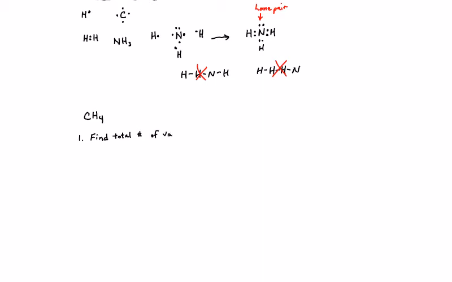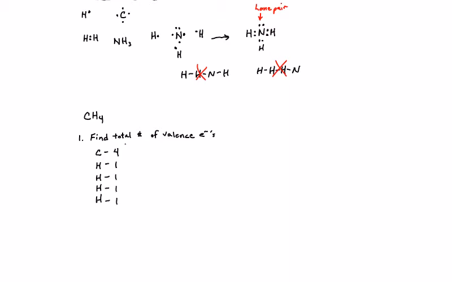That means looking at each atom and figuring out how many electrons in the valence shell are being brought by each atom. So here we have a carbon, which we know is going to have 4 valence electrons. It's in group 14. And we have hydrogen, which is going to bring 1, but we have a total of 4 of these hydrogens.